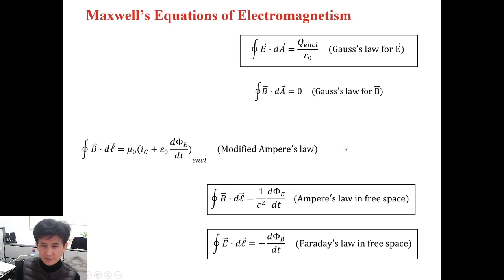Even though I cannot mathematically derive the wave equation because it is a little bit complicated and above the level of contents we can cover in engineering physics, these two phenomena state that an electric field change can generate a magnetic field, and a magnetic field change can produce an electric field. That's how electromagnetic waves propagate in vacuum or in free space.